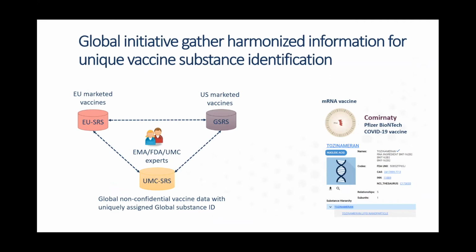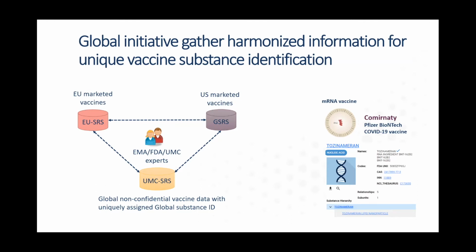So we actually have a joint vaccine initiative ongoing, starting the beginning of this year, where the US FDA, EU, and UMC experts work together to agree on harmonized substance information with the end goal to publish non-confidential vaccine substance information in a UMC-hosted system as a foundation for a global substance ID. To the right of this slide, you can see an example of the information in the system and what it would look like for the Pfizer vaccines.